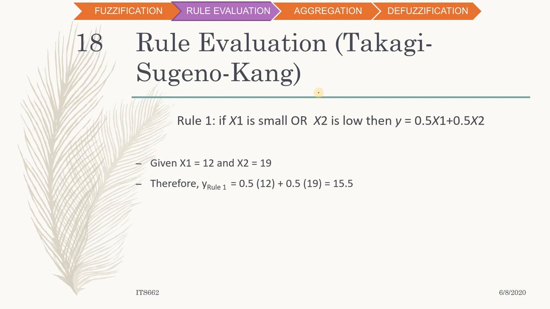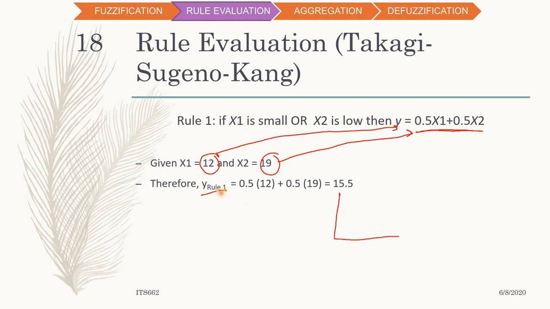You are given a rule here: if x1 is small or x2 is low, then y is a function. This is the mathematical function for your y. Once you input the value of x1 and the value of x2 in your mathematical function, you are going to have the spike.